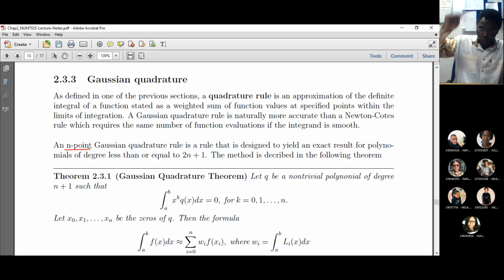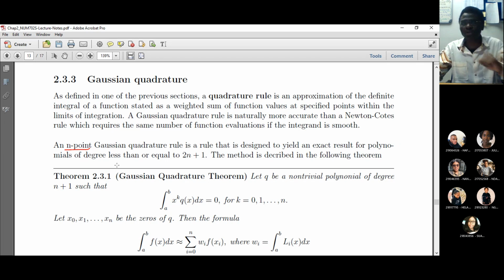So the number of nodes, the quadrature nodes, the number of points that you have there, we assume is n. Now, if it is n, the degree of precision will be 2n plus 1, because the formula will be exact for polynomials of degree less than or equal to that. So this indicates the degree of precision of the method, 2n plus 1.